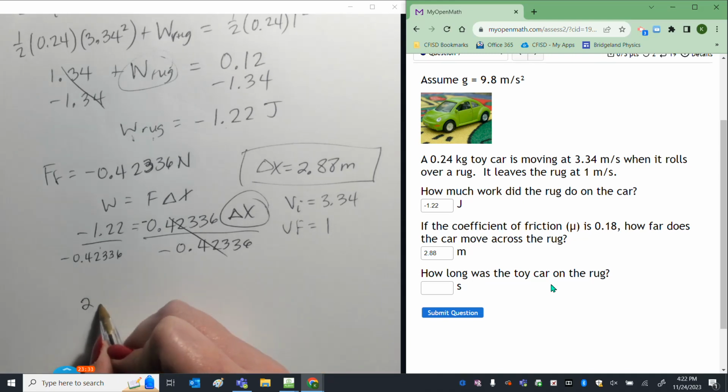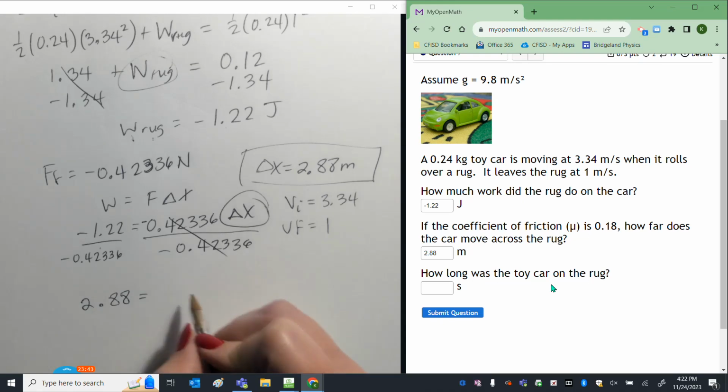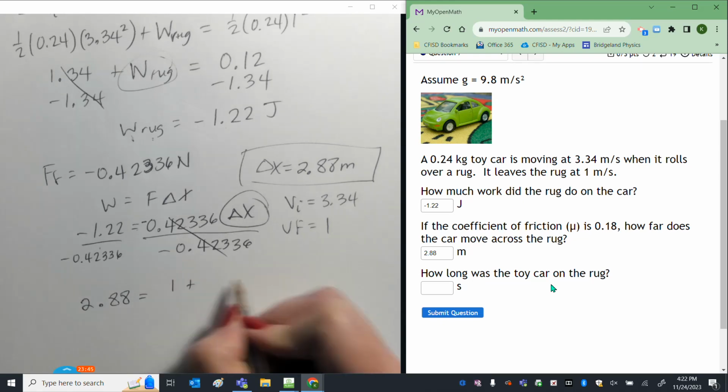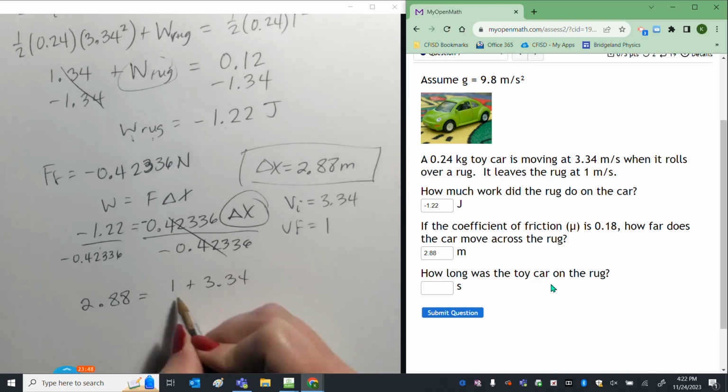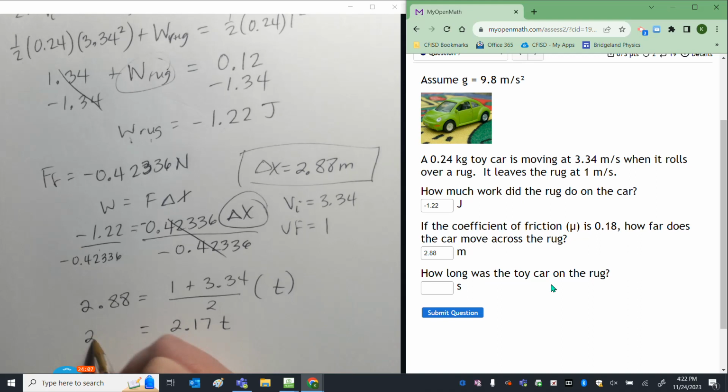So I'm going to take my delta x, my 2.88, and I'm going to set it equal to VF plus VI divided by 2 times T. This is one of my kinematic equations. So VF is 1, VI is 3.34, divided by 2 times T. So let's go ahead and do this. 1 plus 3.34 divided by 2 gives us 2.17 T, and on this side it's 2.88.